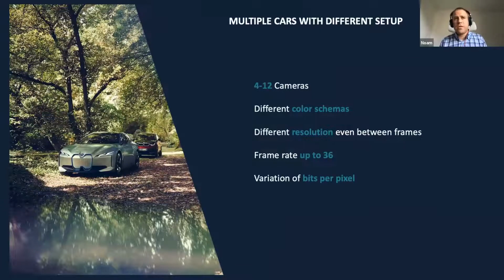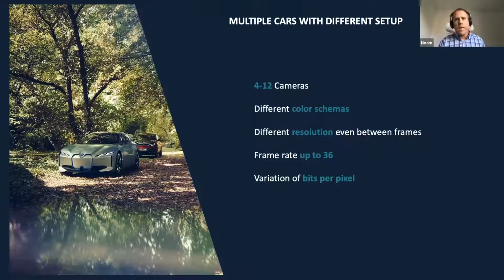There are also different color schemas: some might be YUV, some might be RGB, depending on how the sensors are set up. Adding to that, different resolutions. Some cameras might even change resolution between frames while they are coming, for compression reasons.